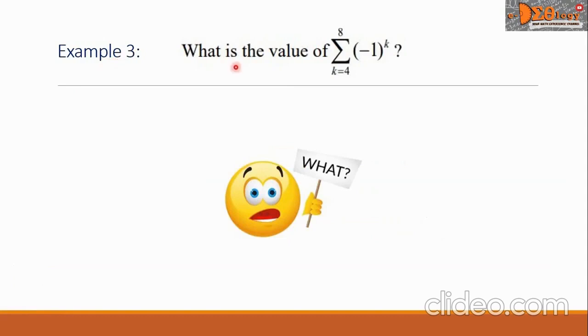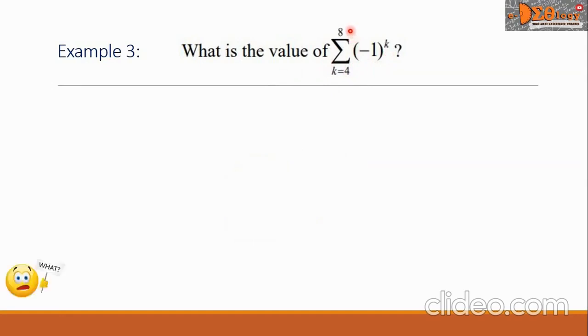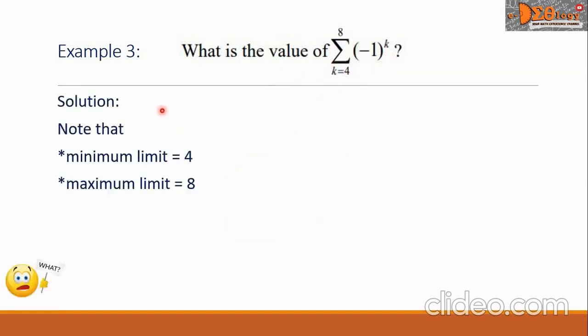Example 3. What is the value of the summation of the quantity -1 raised to k, where k equals 4 up to 8? First, we take note that the minimum limit equals 4, while the maximum limit equals 8.